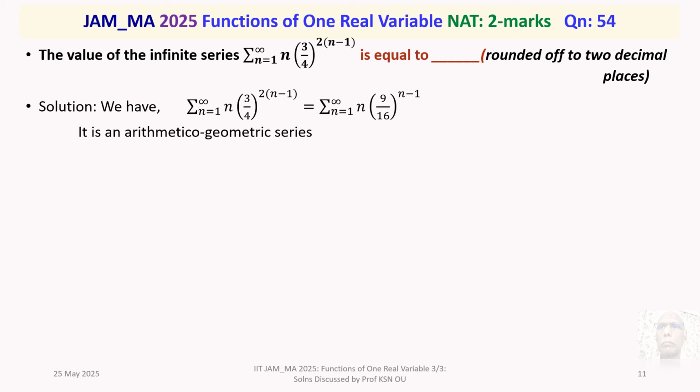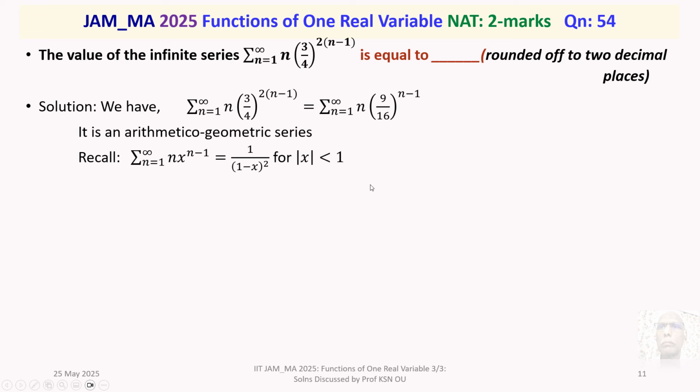Recall sigma n is equal to 1 to infinity n x to the power of n minus 1. This is the arithmetico-geometric series, which is equal to 1 by 1 minus x whole square when mod x is less than 1. That is the sum of this series.